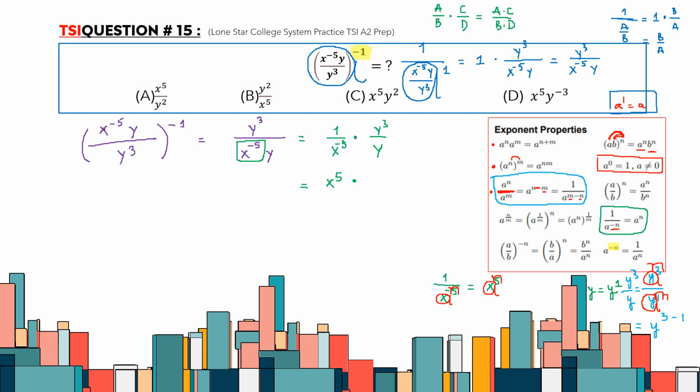You see how it matches the formula? A is y, n is 3, then subtract m, which is 1. So the answer will be y squared, since 3 minus 1 is 2.